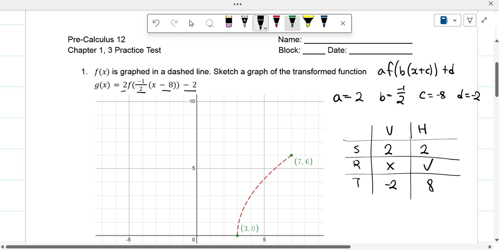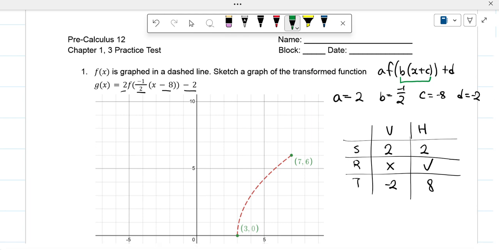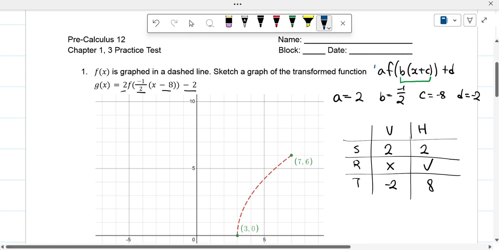Just to remind you that b and c, which are inside the f brackets, tell you about the horizontal things, whereas a and d, which are outside the f, tell you about the vertical things. So that's how you remember how to group those together.